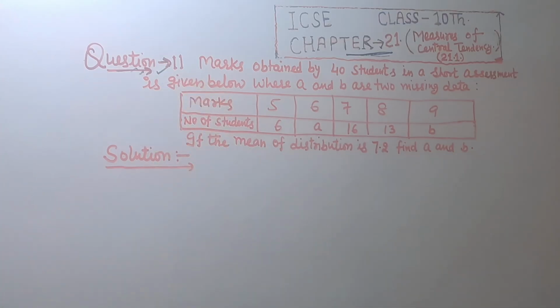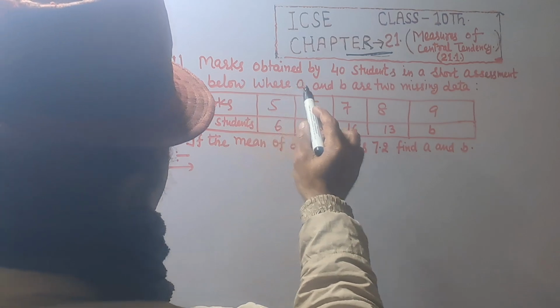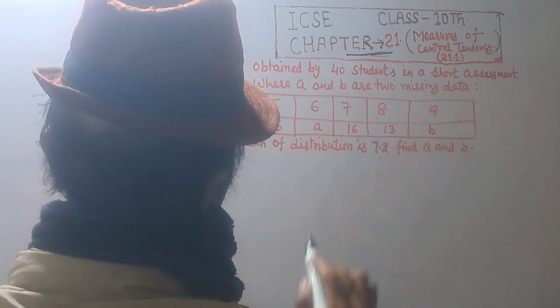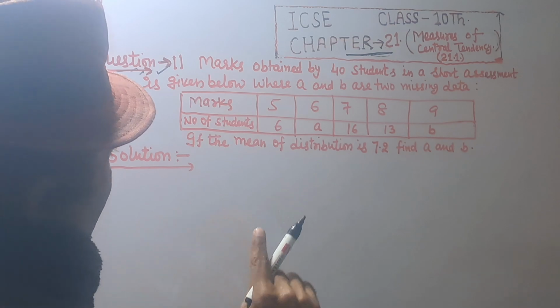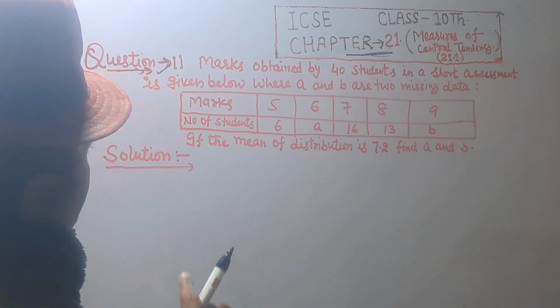Question number 11. Marks obtained by 40 students in a short assessment are given below, where A and B are two missing data.